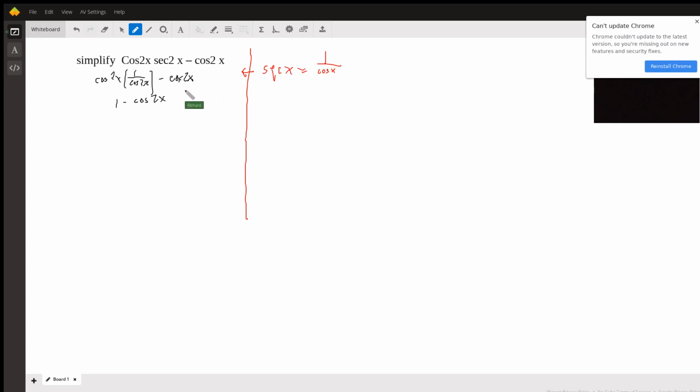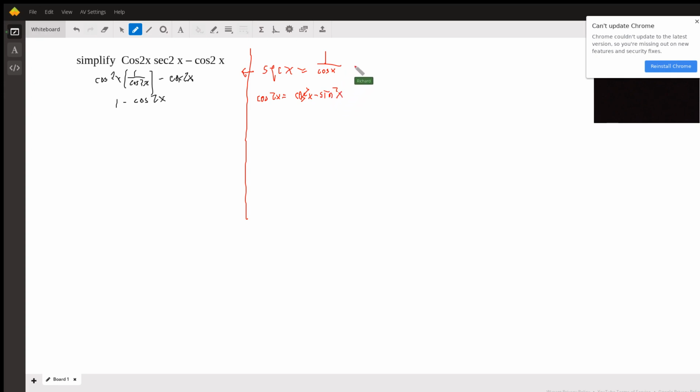Now for the next step, we're just going to use another identity. I'm going to put it here in red, which is cosine 2x is equal to cosine squared x minus sine squared x.